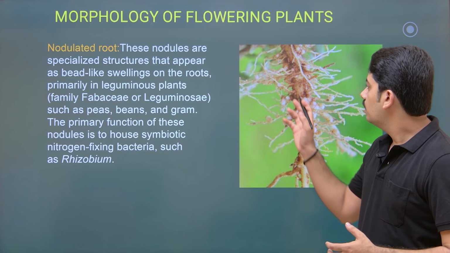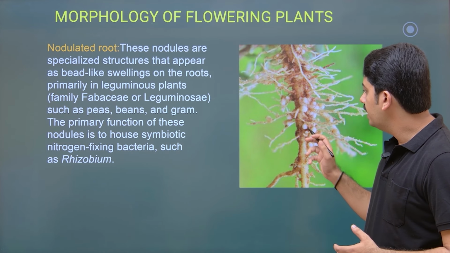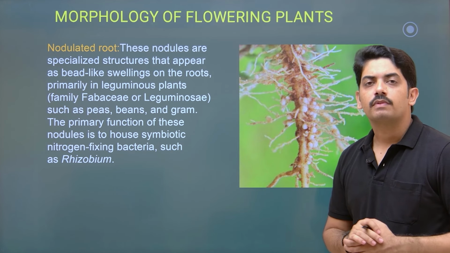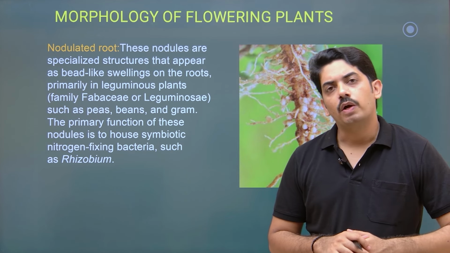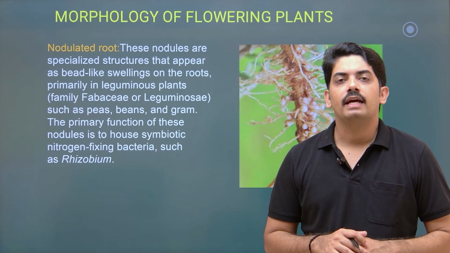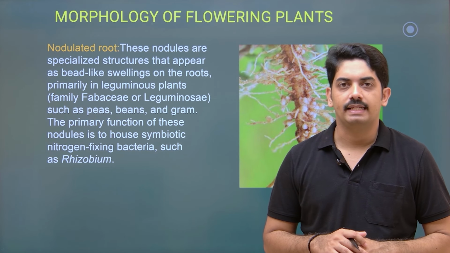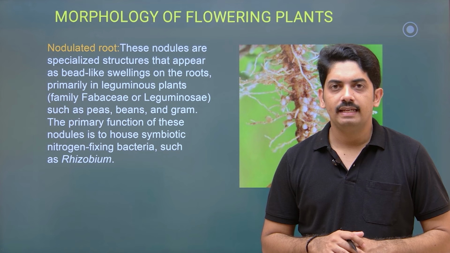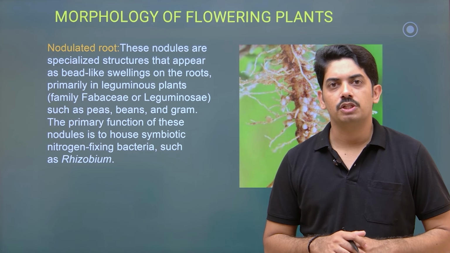Here you can see on the roots there are many pink color nodules. These pink color nodules are created by the plant so that it can host the Rhizobium bacteria. Rhizobium bacteria requires anaerobic condition.